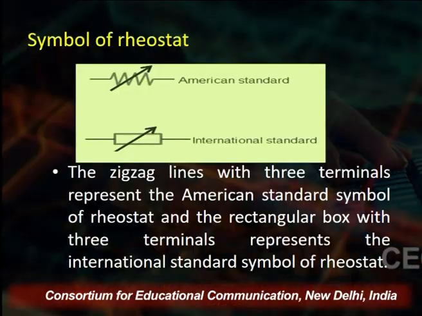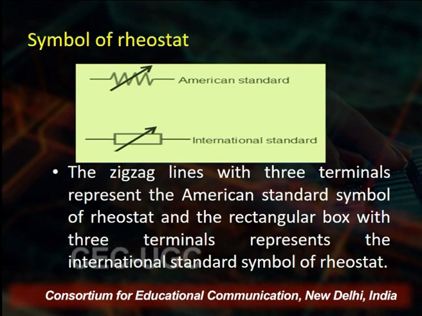Generally, rheostats are made by winding nichrome wire around an insulating ceramic core. The ceramic core acts as insulation against heat and does not allow the heat to pass through it.